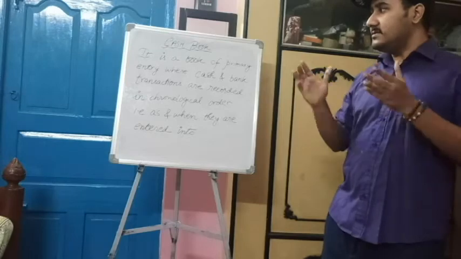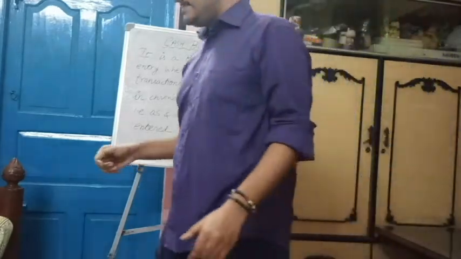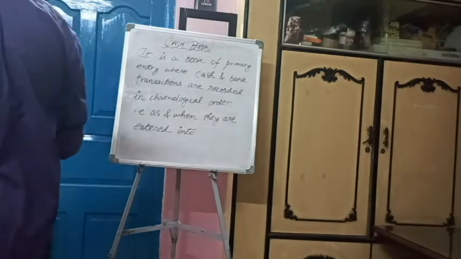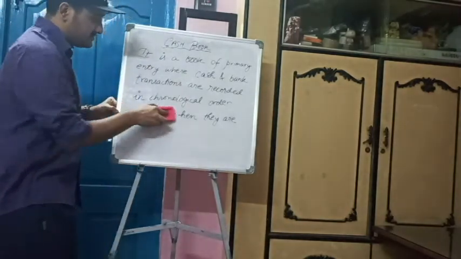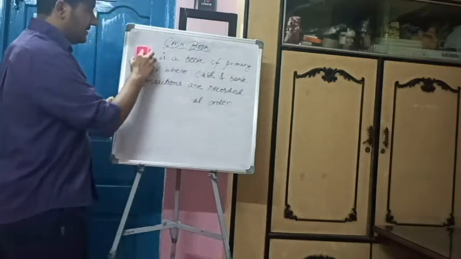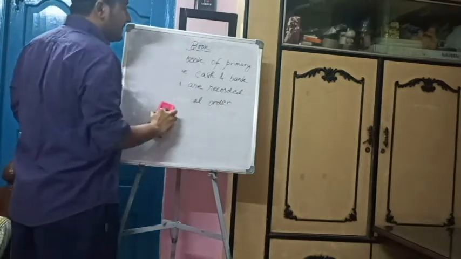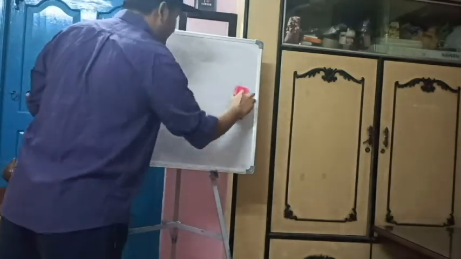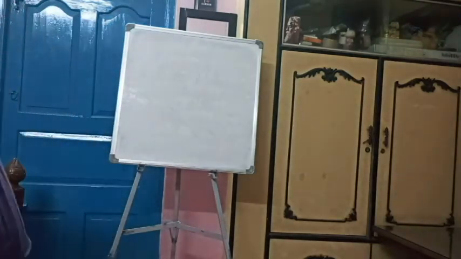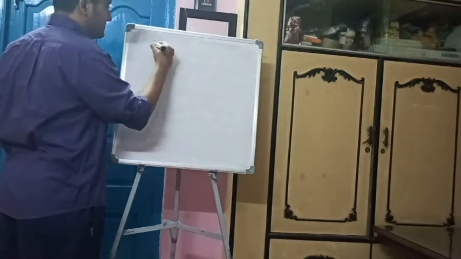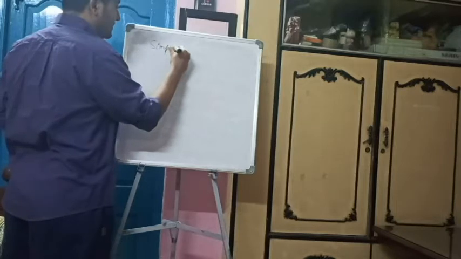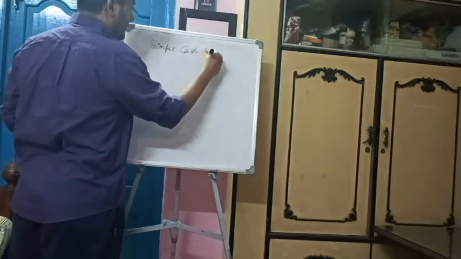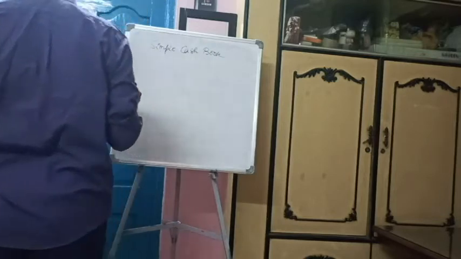Now we will go into the sum aspect. First we should know the format of the cash book. Single column cash book and triple column cash book are similar but not the same. The format to some extent is similar. In the simple cash book, first draw a line from the middle.